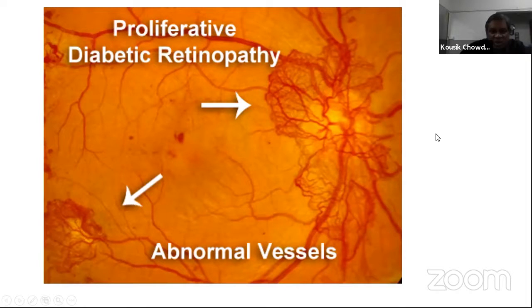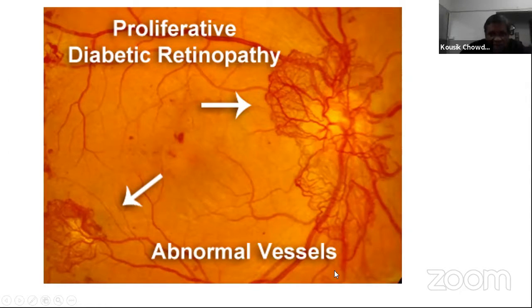We are seeing new vessels over the optic disc. These are abnormal vessels. They are formed due to reduced oxygen supply or blood supply to the retina, and to compensate for the oxygen demand of the retina, new vessels have been formed.